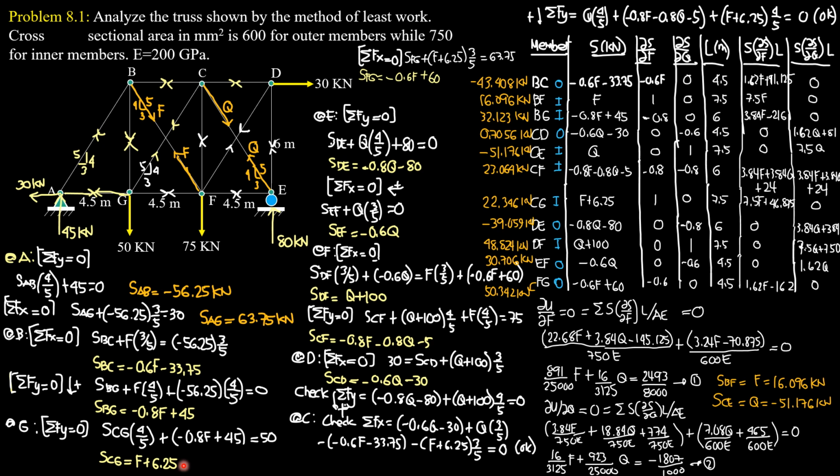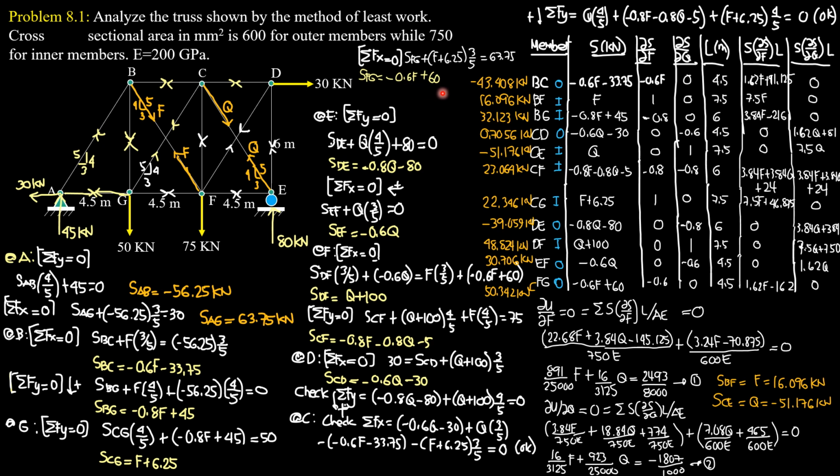Then summation of forces X: SFG plus SCG, which is F plus 6.25, the horizontal component, multiplied by 3 over 5, equals SAG, which is 63.75. So SFG therefore is negative 0.6 F plus 60.